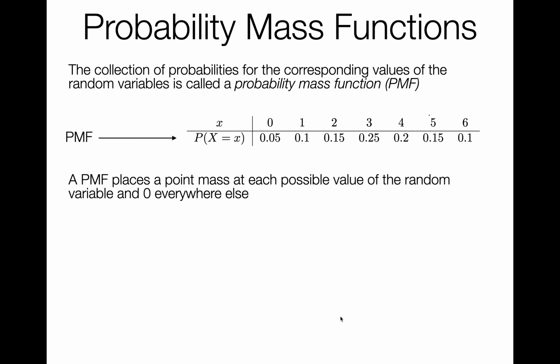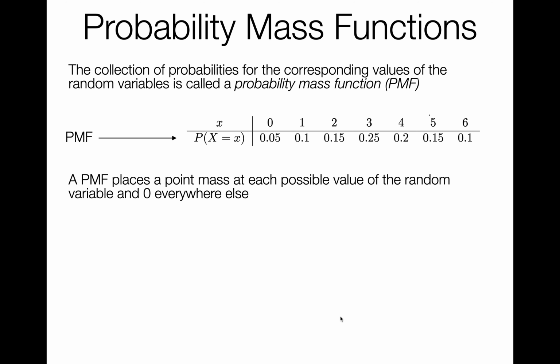In your turn, I'm going to ask you to write out this table for rolling a fair 6-sided die. You're going to have to write out the PMF and answer probability questions, and so on. In the context of rolling a die, the only possible outcomes are 1, 2, 3, 4, 5, and 6.